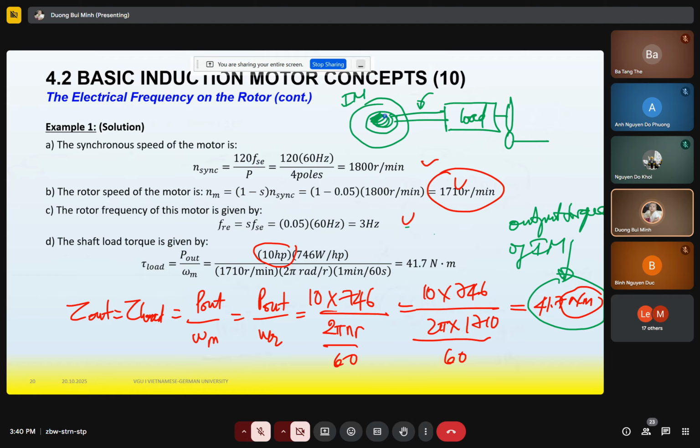The shaft of the induction motor will connect to the mechanical load, or mechanical load systems. Okay, so this is the rotor of the induction motor. Any questions?